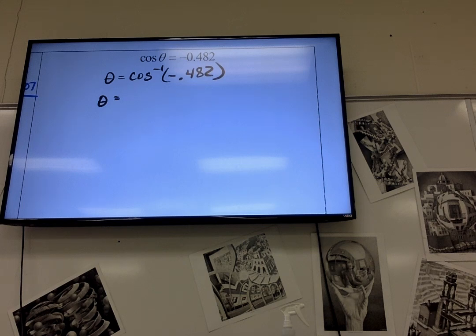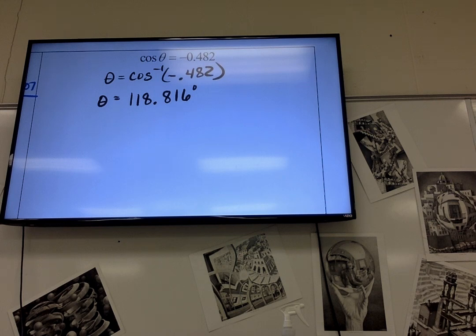What does that one give us? 118.82. Yeah, if we had 3 decimals, it would be 118.816, right? It's always 3 decimals because in AP you have to use 3 decimals, so might as well get into the habit now.